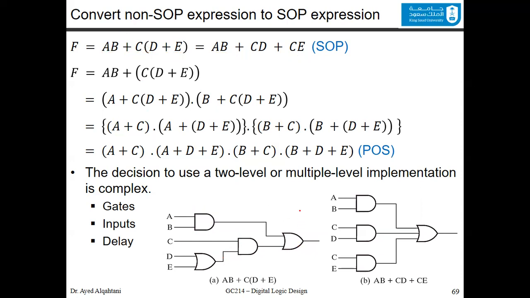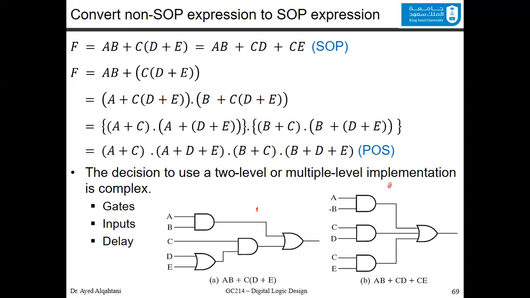So should you use this design or this design? The choice is sometimes complex. It's not clear which one to use because there are different gates, different numbers of inputs, different delays. Here you have only two levels. Here you have multiple levels: 1, 2, and then 3. So probably the delay here is longer.